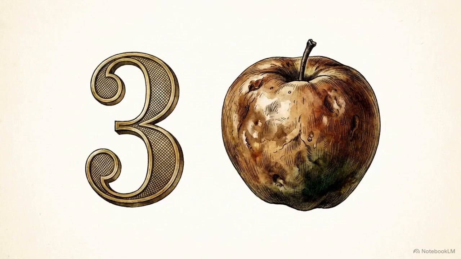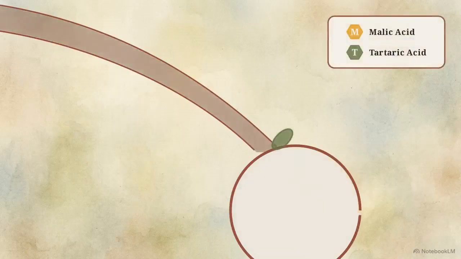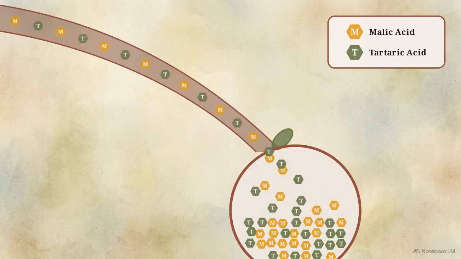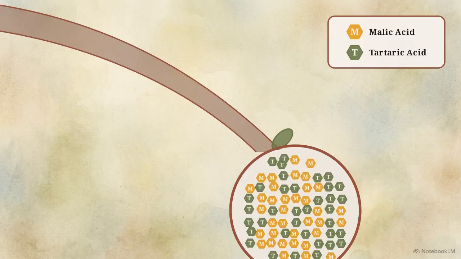The third method is fruit drop, utilized extensively by apple, lemon, and tamarind trees. Specific organic acids, like malic acid or tartaric acid, are aggressively sequestered within the tissues of developing fruits.